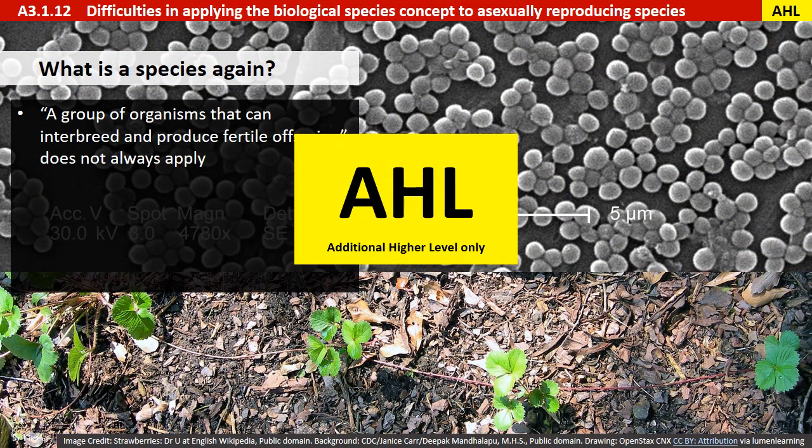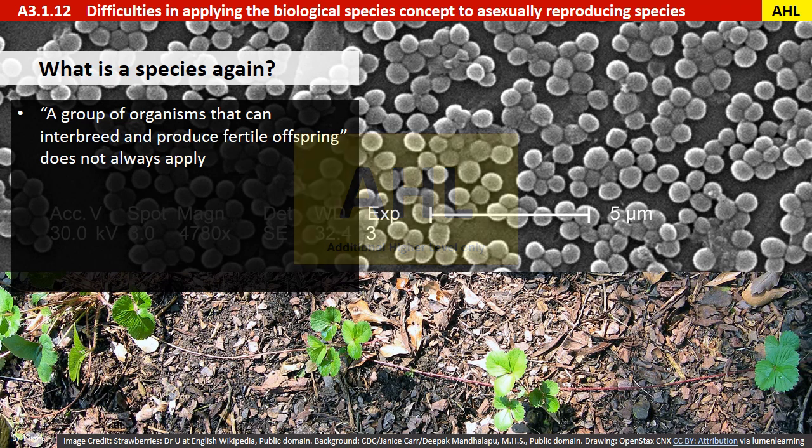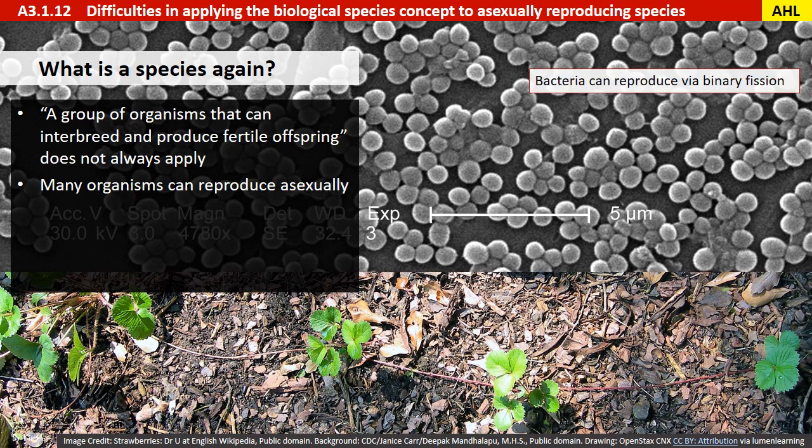Now we are moving into additional higher level territory. Let's go back to the question, what is a species? A group of organisms that can interbreed and produce fertile offspring. Well, this doesn't always apply. Many organisms can reproduce asexually. The bacteria seen here in black and white, for example, can reproduce via binary fission.